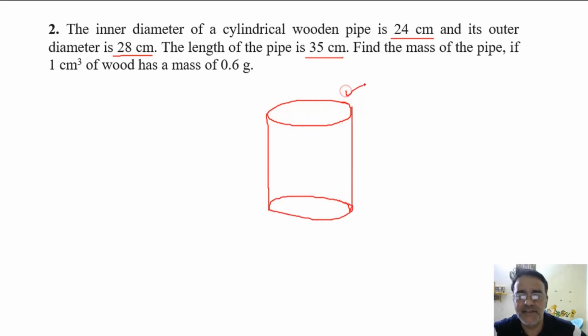What is the volume of this cylinder? Volume of cylinder is pi r square h.